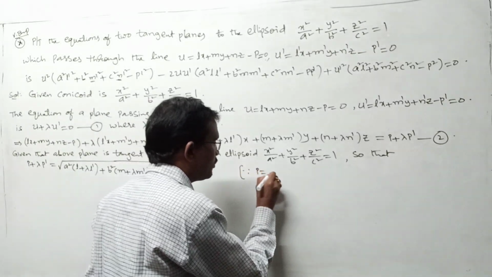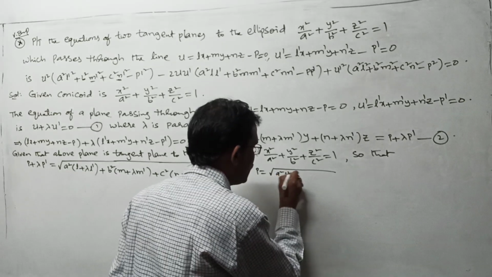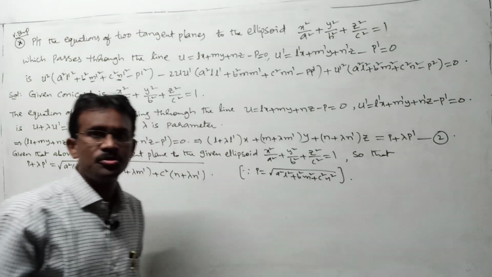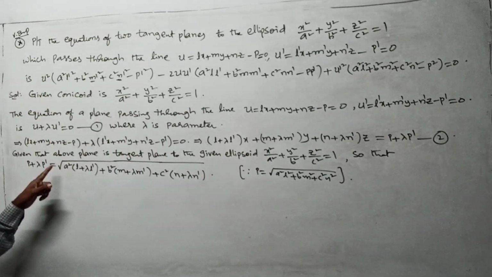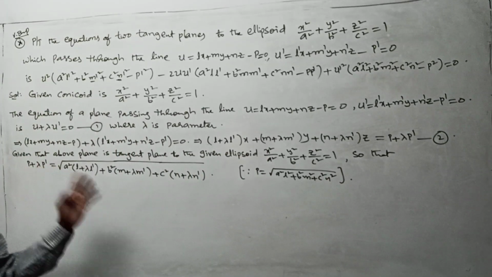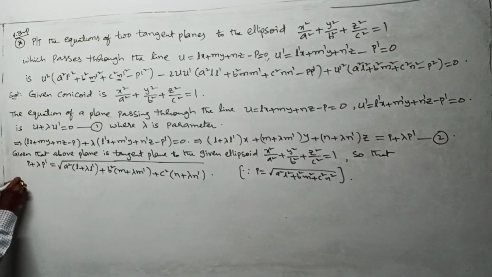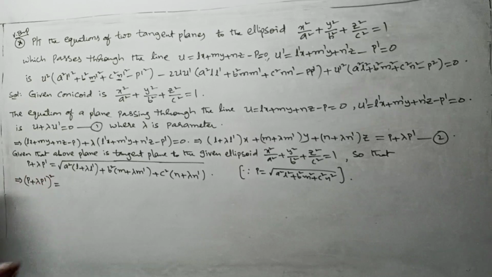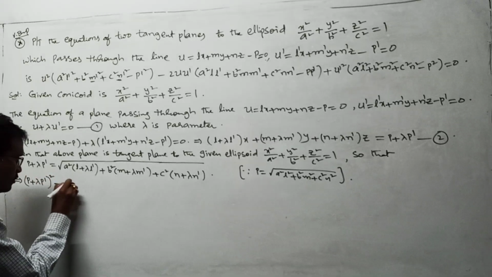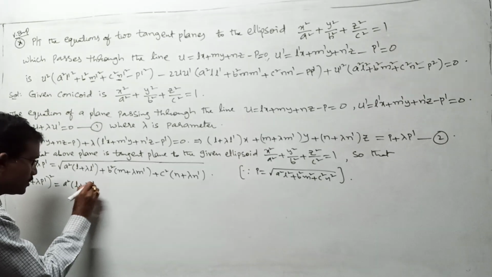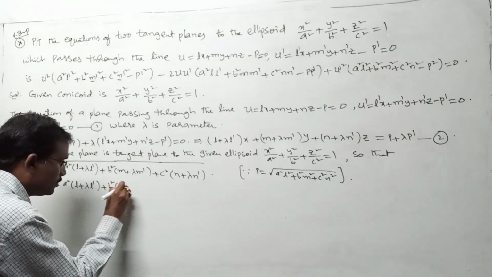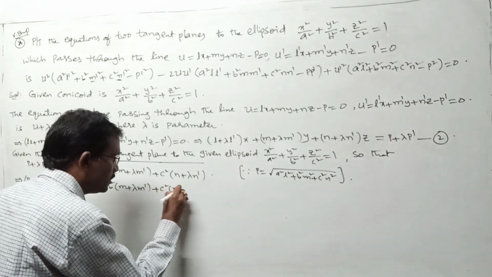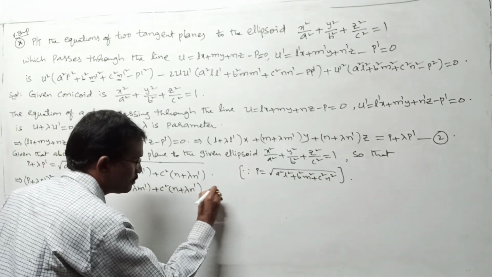Since P is equal to square root of a square l square plus b square m square plus c square n square, this condition we use there. Right? To remove this root, I want to take square on both sides. This implies P plus lambda P dash whole square is equal to a square into l plus lambda l dash whole square plus b square into m plus lambda m dash whole square plus c square into n plus lambda n dash whole square.